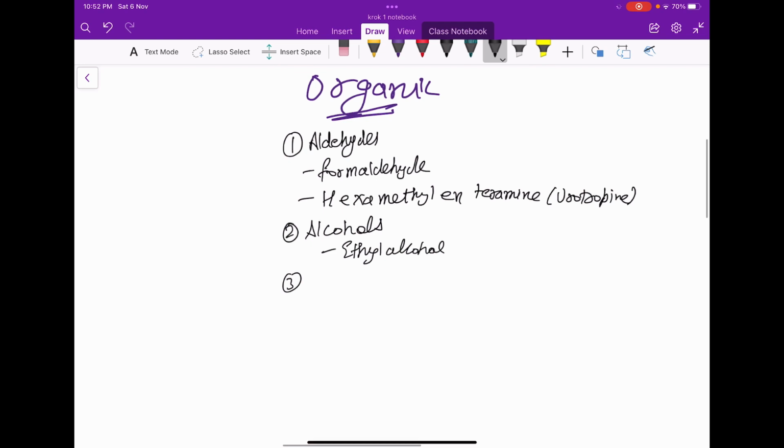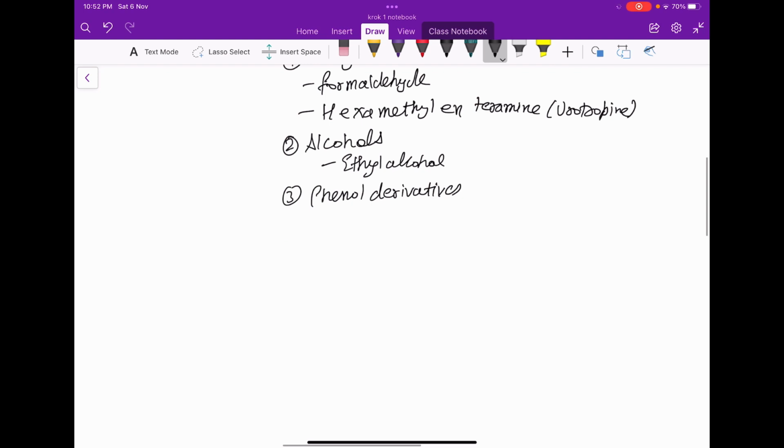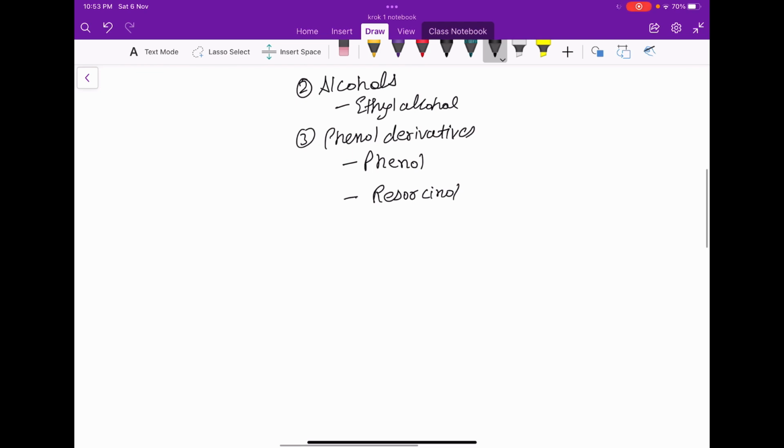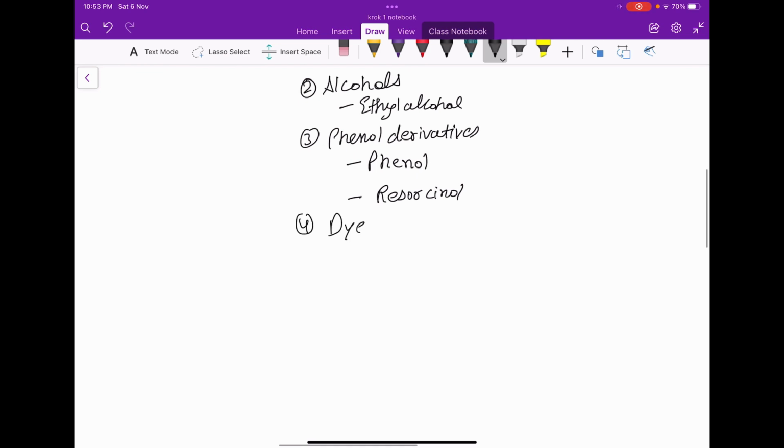Third one is phenol derivatives. It consists of phenol and resorcinol. Thereafter, about the dyes, that is methylene blue. Second one is brilliant green.